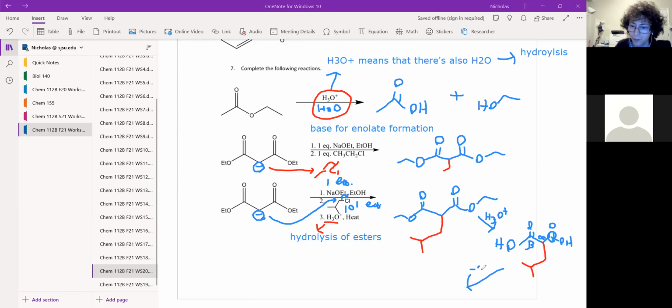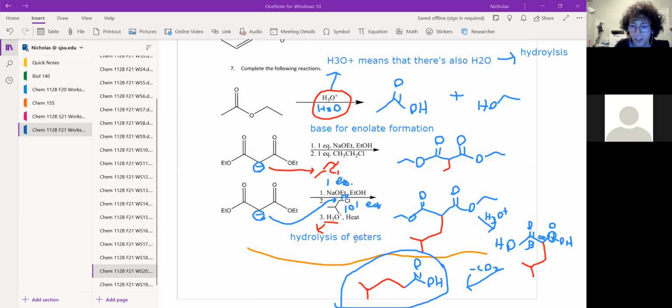So we're going to lose one of the carboxylic acids as carbon dioxide. And this would be the final product after you lose the carbon dioxide. That's what you get.